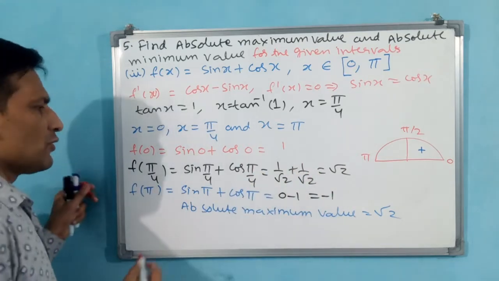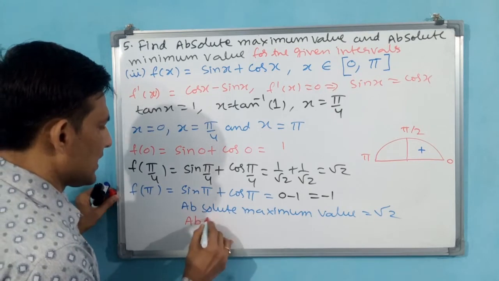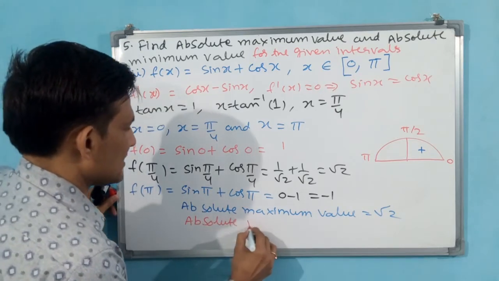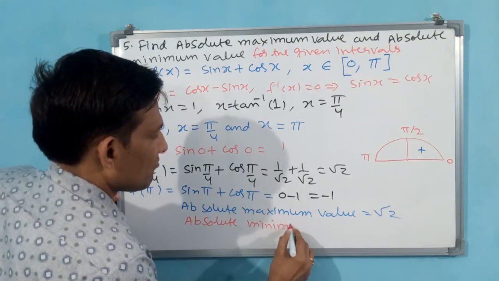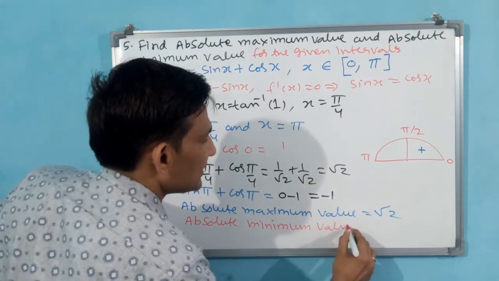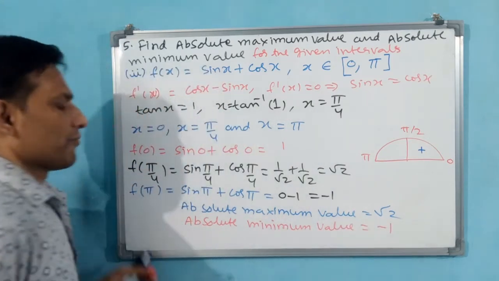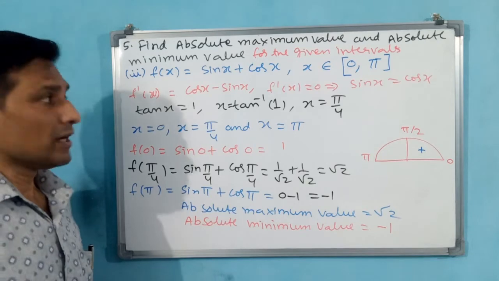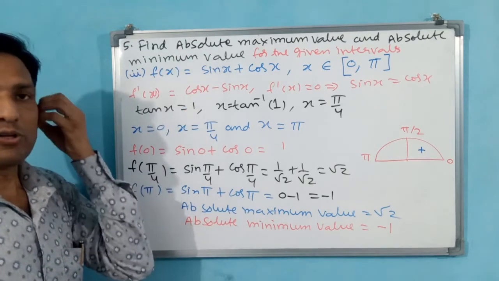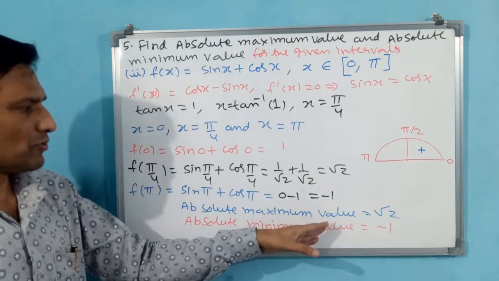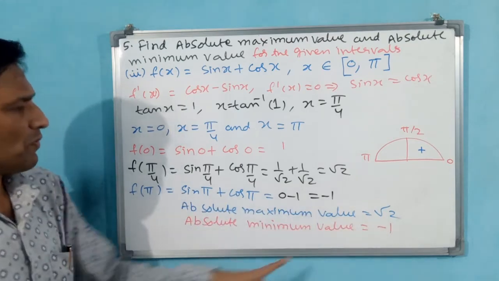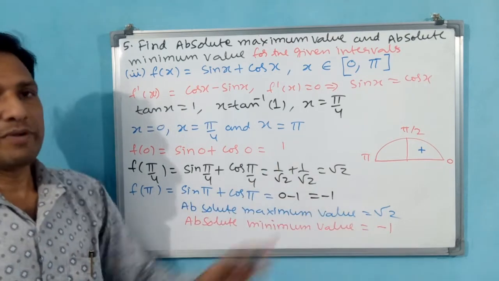Write down absolute minimum value, -1. Okay. Absolute maximum and absolute minimum value they are asked us to find. We have found absolute maximum value as root 2, absolute minimum value as -1. 1 will be in between these.